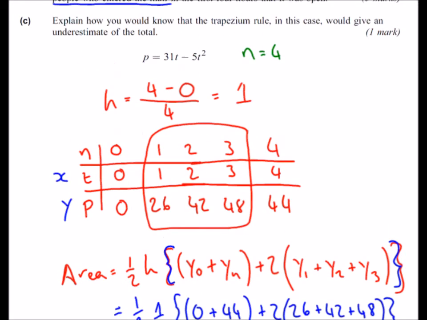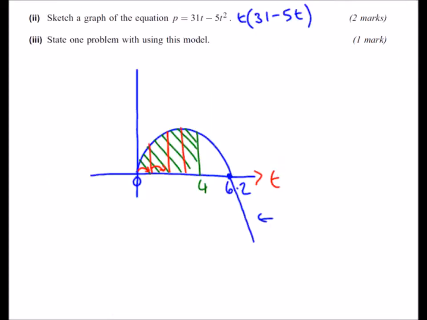Finally, explain how you would know that the trapezium rule in this case would give you an underestimate for the total. If we go back to our sketch of our graph, now I look at drawing the tops on my trapeziums. So let's really exaggerate this. So here's my curve, here's the top of my trapezium, and the top of my trapezium is always going to be below the graph.